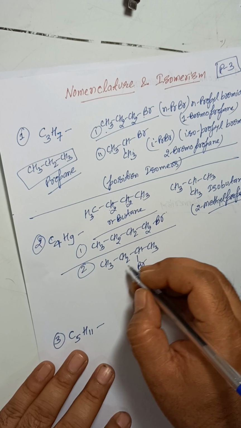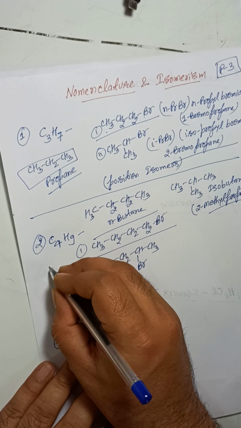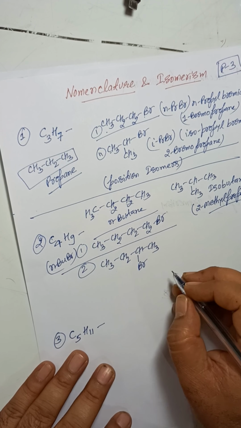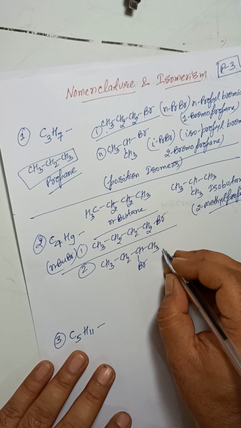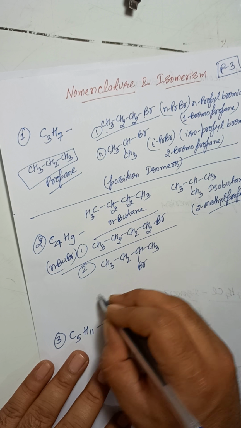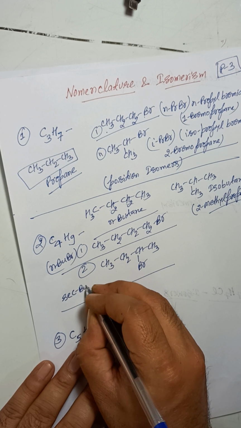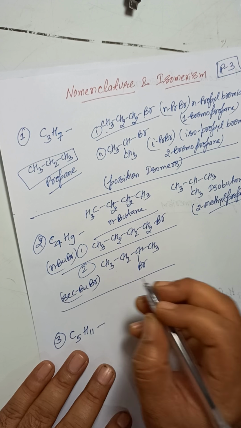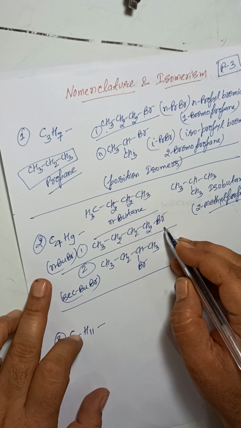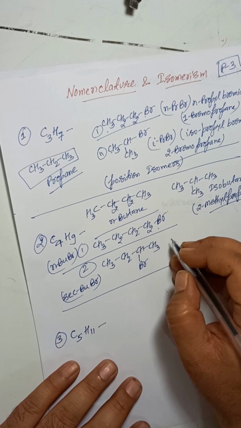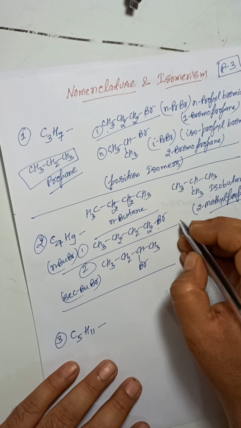This would be called n-butyl bromide. This would be called secondary butyl bromide. IUPAC names: 1-bromobutane, 2-bromobutane.